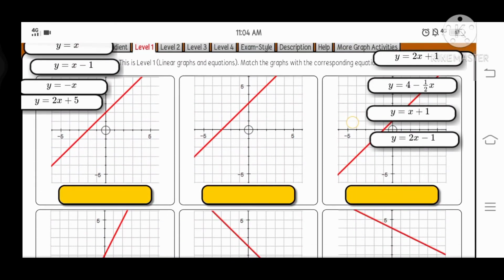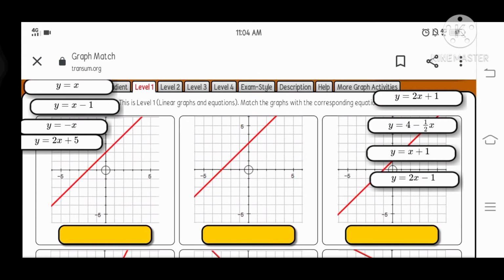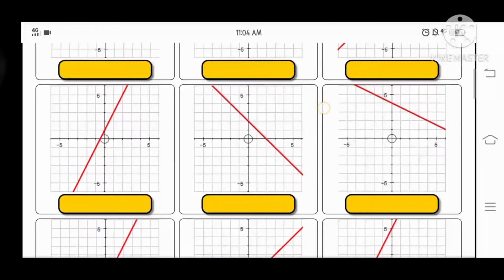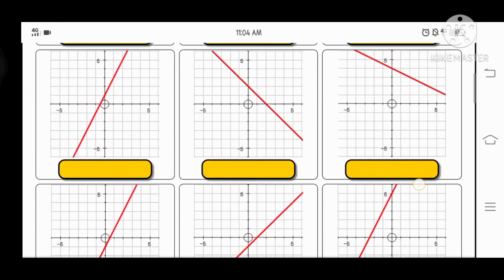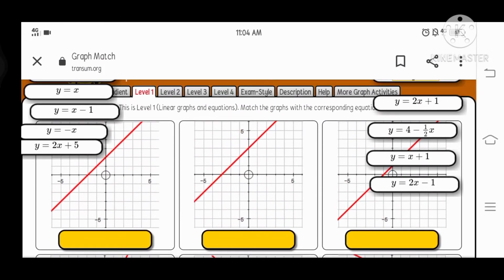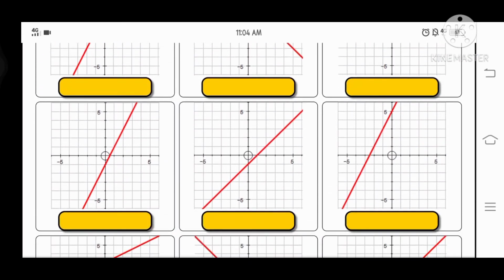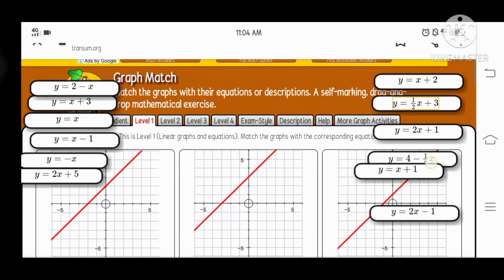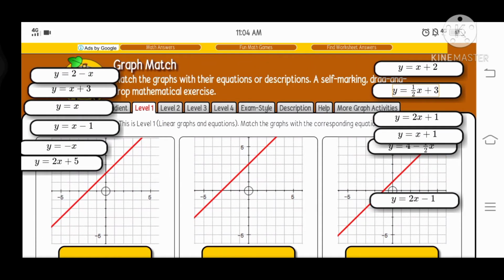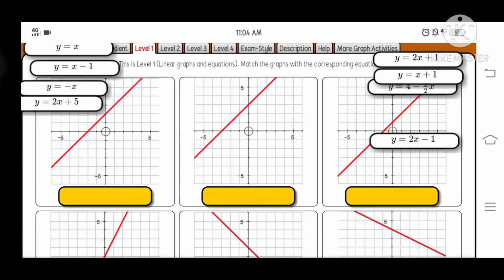Okay, class? For the y-intercept, you will see where the straight line crosses the y-axis. First you have to identify whether the gradient is negative or positive.